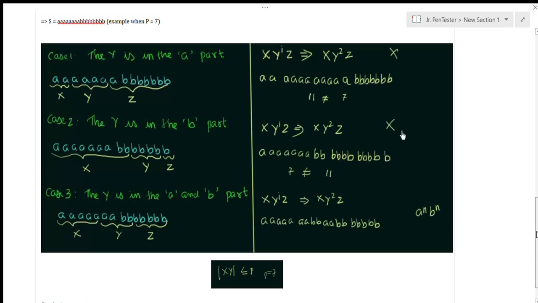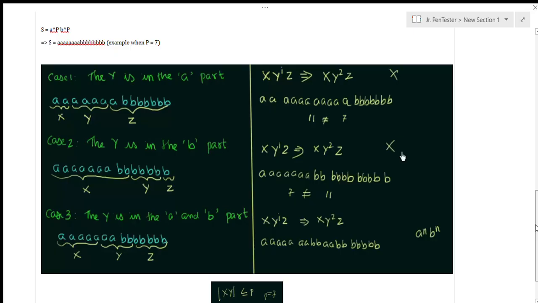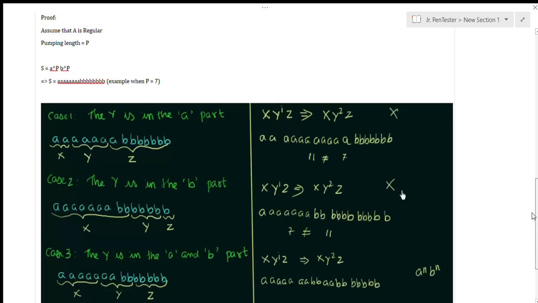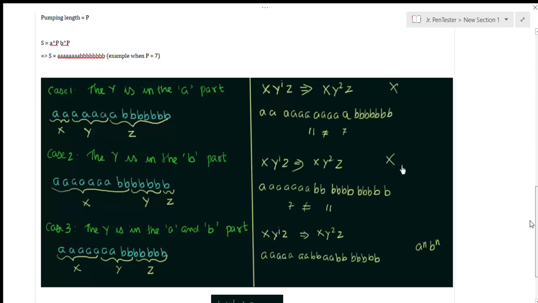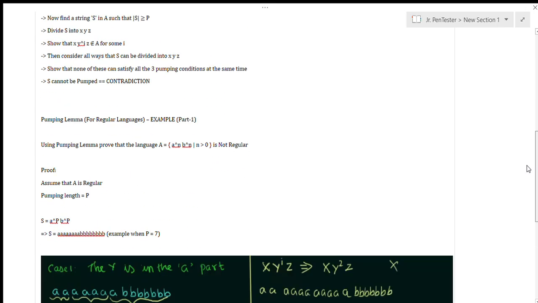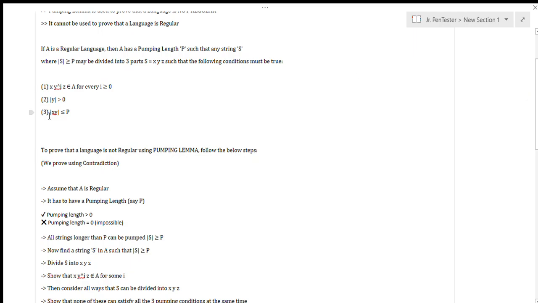Now, this was a basic example, and all three cases failed the first condition. However, we could also see that some of these might even fail the third condition.